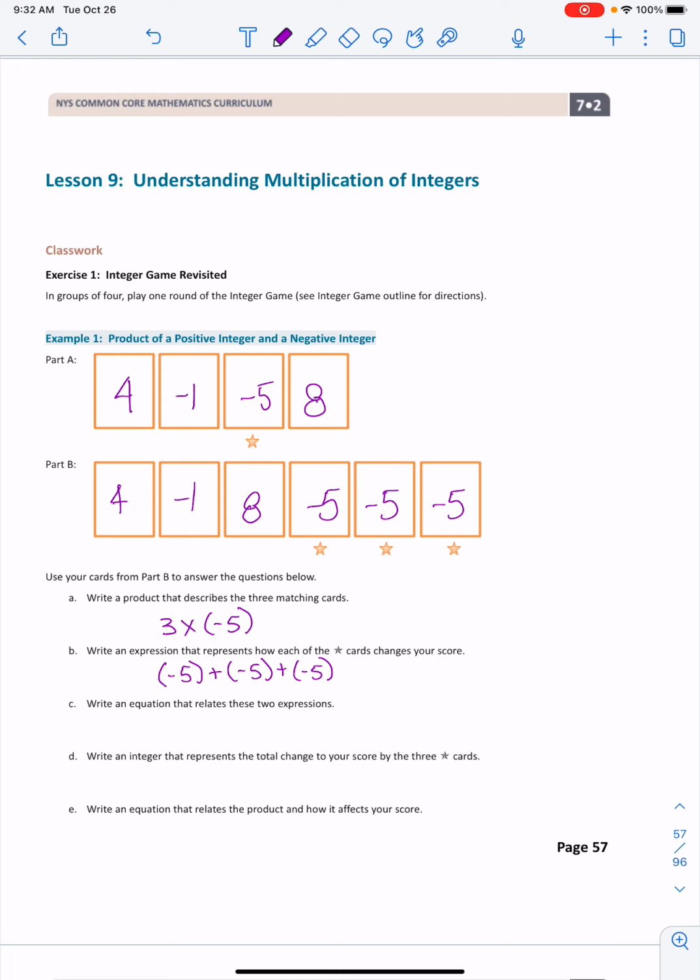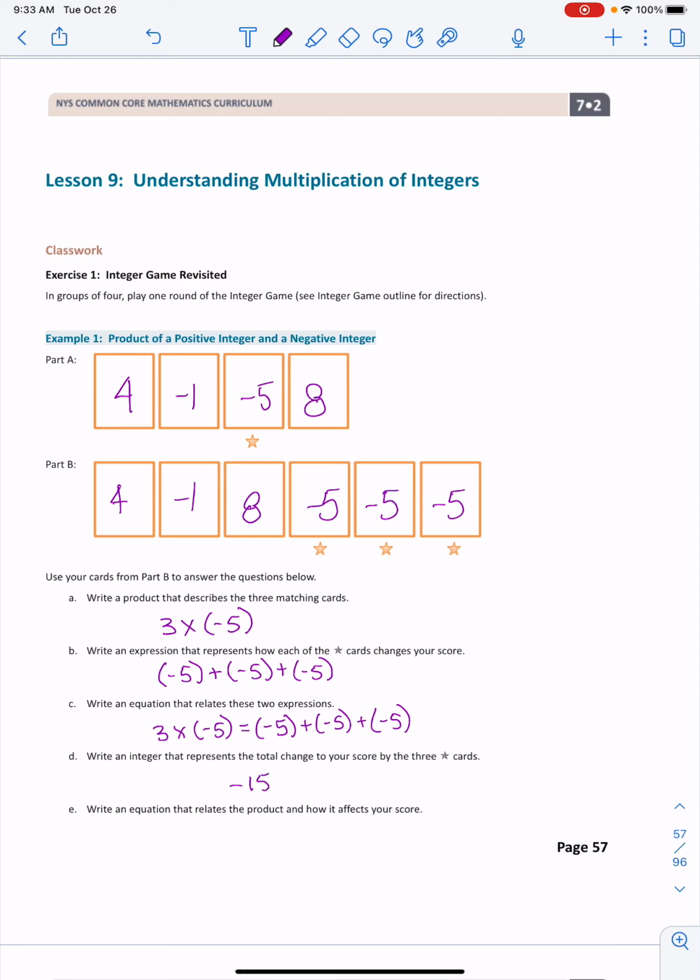Well, to relate these, we would have 3 times -5. And multiplying is repeated addition, so we could add -5 plus -5 plus -5. It says, write an integer that represents the total change in score by the 3 cards, which would be -15 because it's decreasing our score.